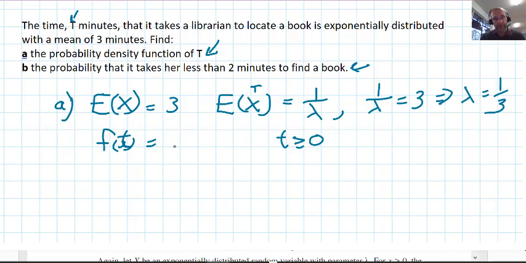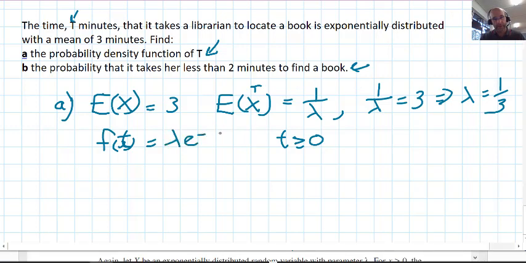So we have lambda e to the negative lambda t, where t is at least 0. And we have a value for lambda, it's a third, so our function f of t will be a third e to the negative t on 3. So there's part A done.